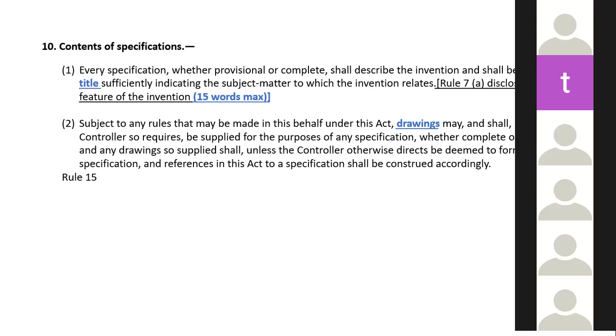Drawings should be in a black and white format and there are no dimensions mentioned on them. Drawings do not contain any words. उसमें सिर्फ आप numbering system दे सकते हो, and in parenthesis you have to give a reference in your complete specification. In case of a flowchart, yes, you can write the words.